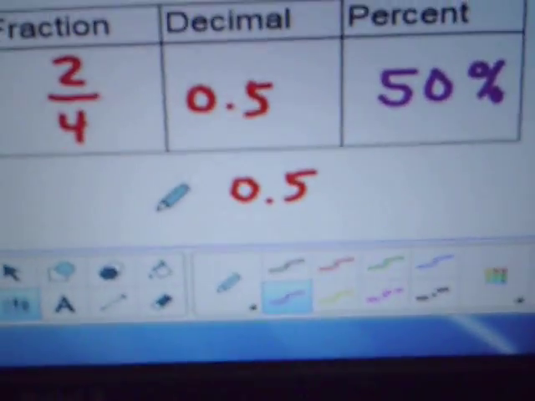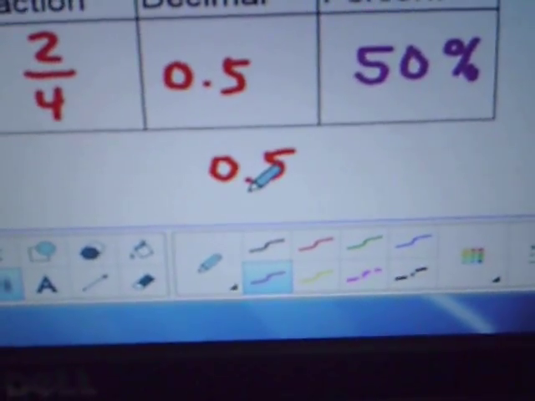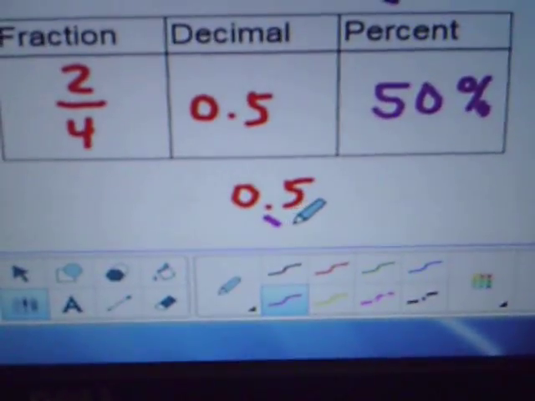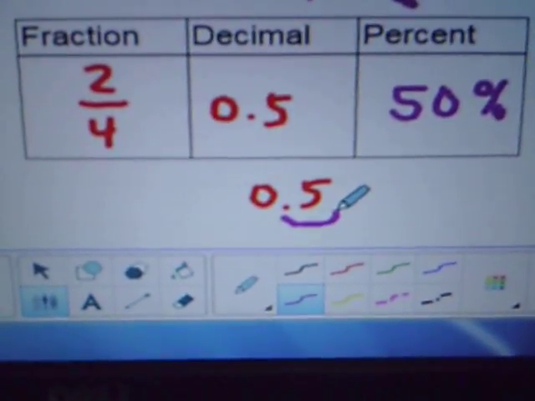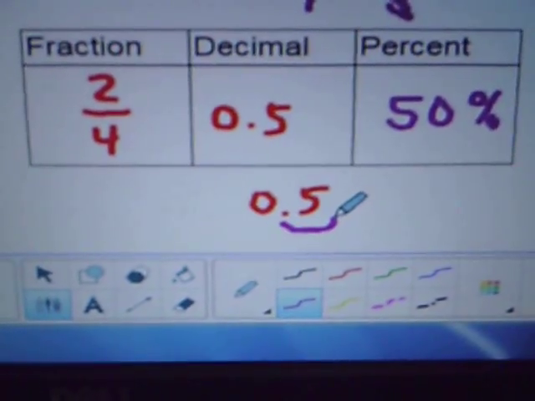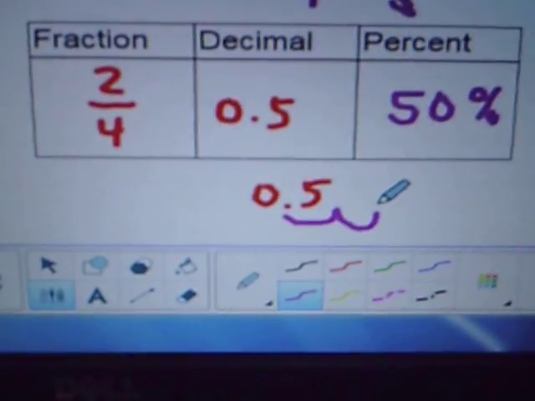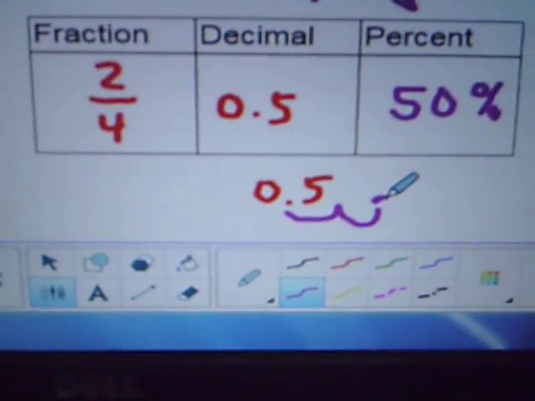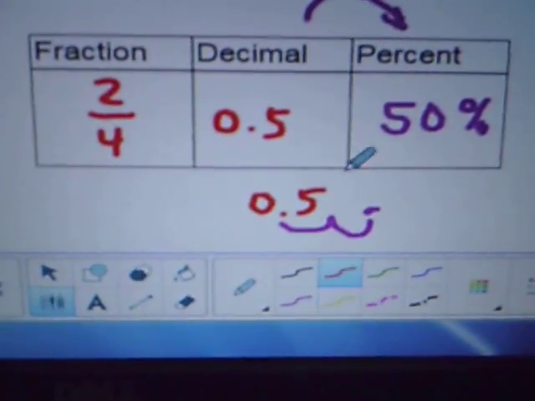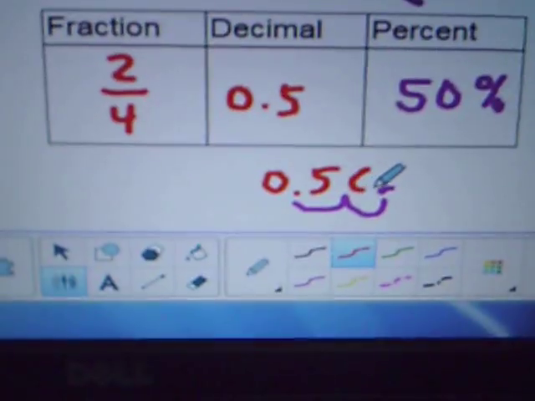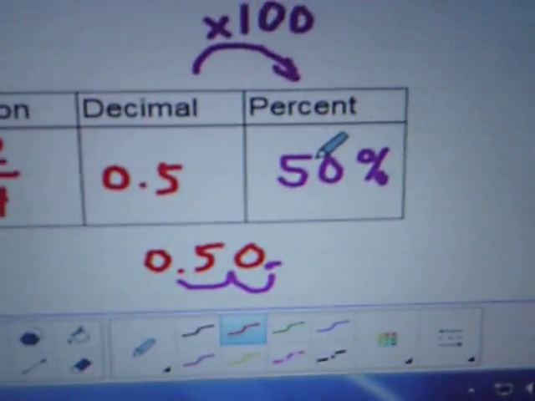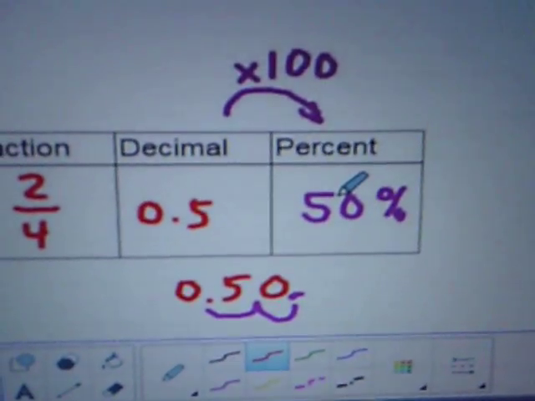And same here. The decimal begins here in front of the 5, and when we multiply by 100, and this works for any time you multiply any number by 100, just move the decimal 2 places to the right. Now in this number we have a space here, so when you have a space like that, add a 0. 50%. Alright?